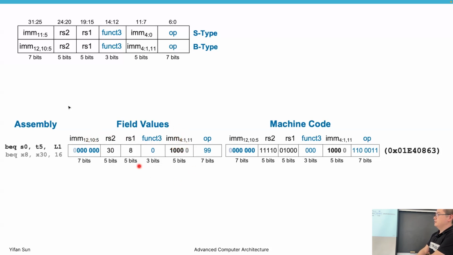What's going on is this bit is the most significant bit of that immediate number, and we need to take this bit as the 11th bit.